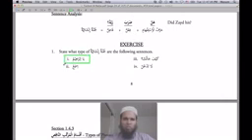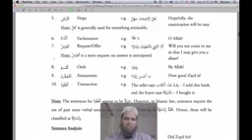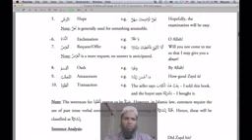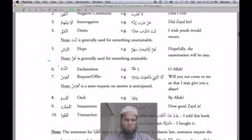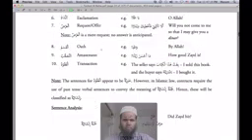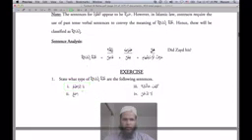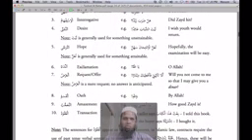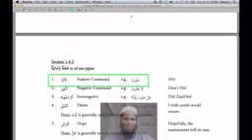Exercise. State what type of jumlatul insha'iyya are the following sentences. Ya Ibrahim. This is a nida, like saying yo, exclamation. Isma, listen. It is a command given to a male, so it is al-amr, positive command.